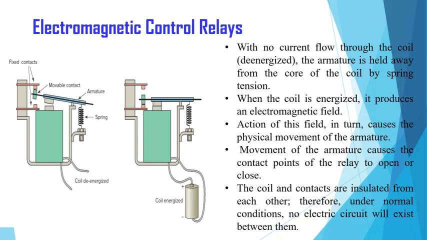Due to this electromagnetic field, the armature moves, causing the contact points of the relay to open or close. The coil and contacts are insulated from each other so that under normal conditions no electric circuit exists between the coil and the contact.